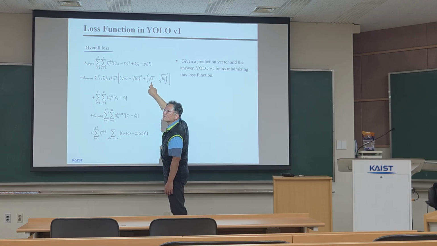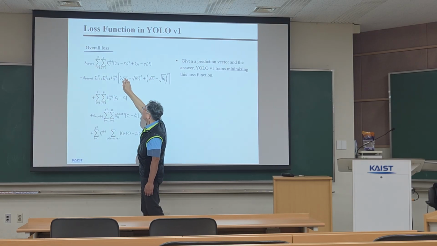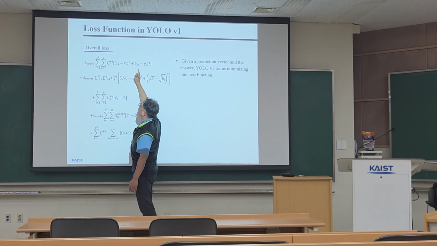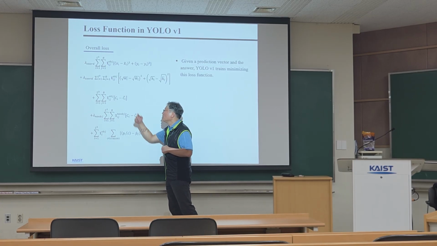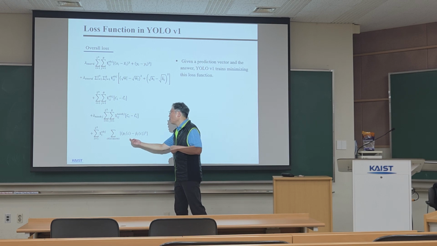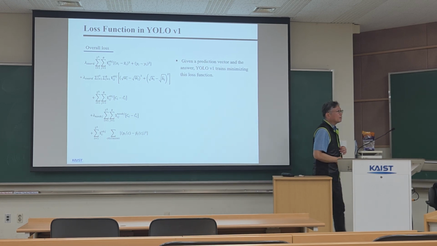So this is the ground truth, the label of the training data. This is sort of like the class, and this is the probability of the different classes. Okay.